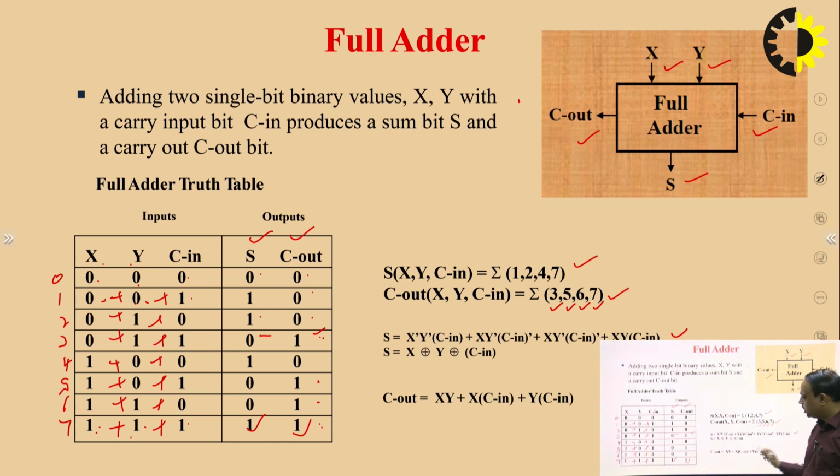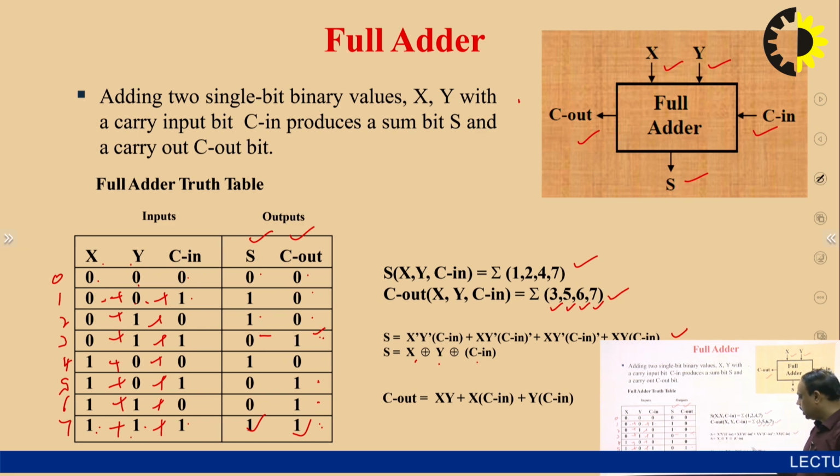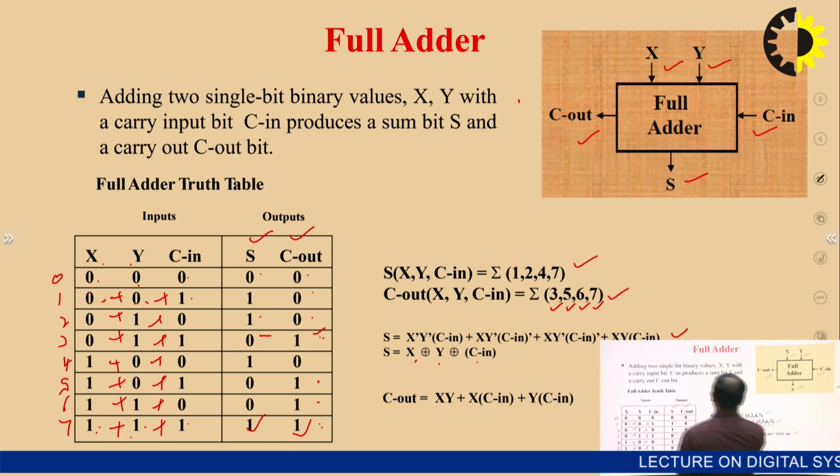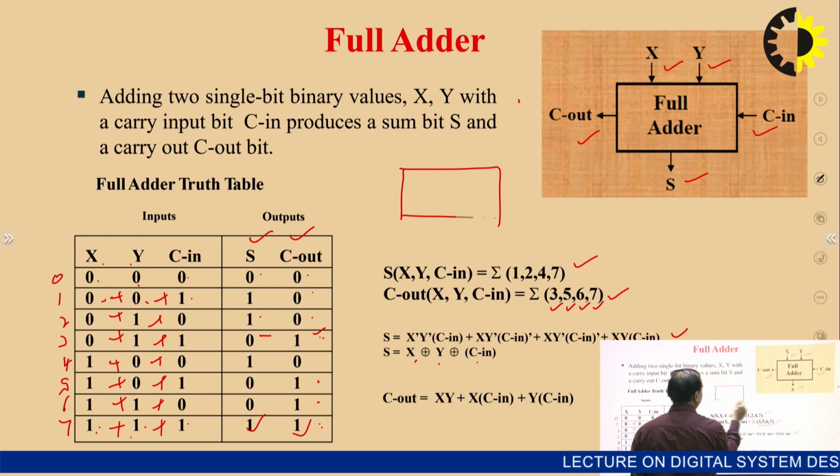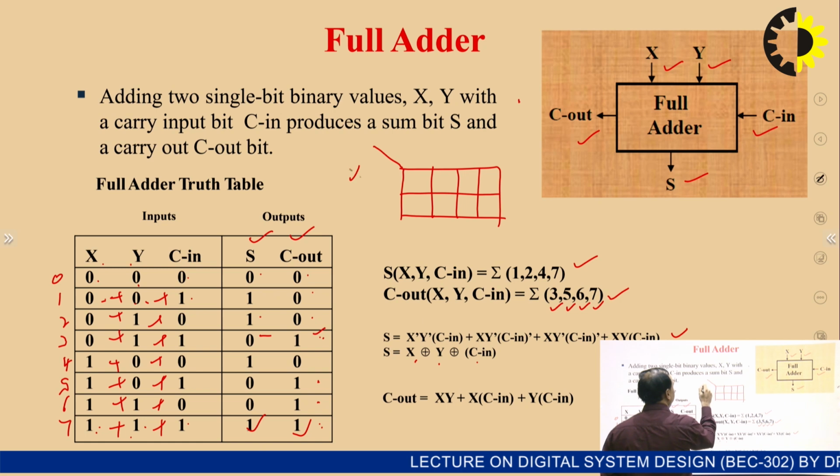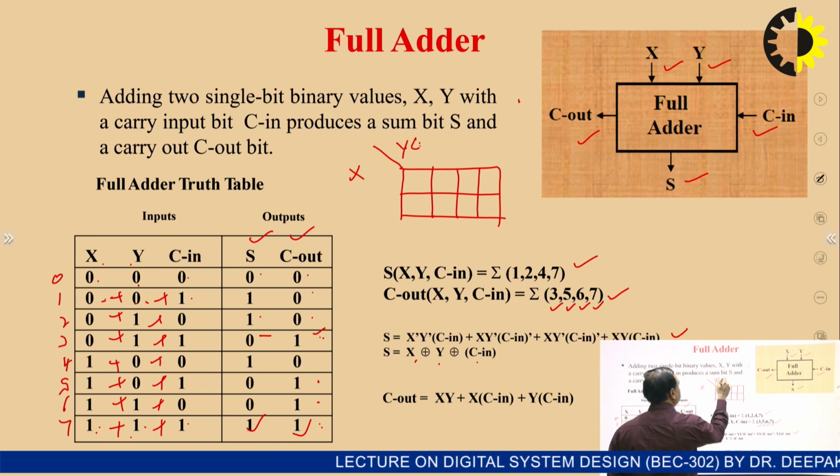If we sum up this function, it is nothing but x XOR y XOR C in. And for the carry out, we have this. Again, if we want to take the help of a K-map, we can use a K-map as well. It is a 3-variable K-map, and we have x, y and C in over here.